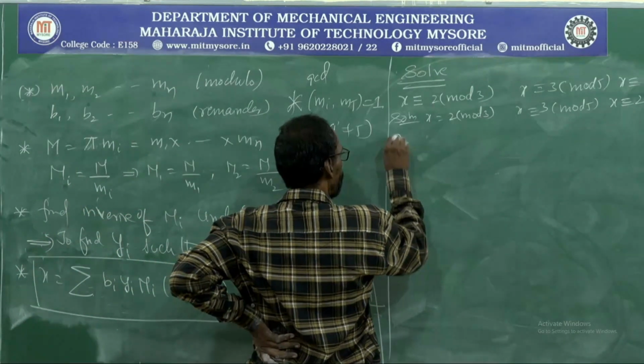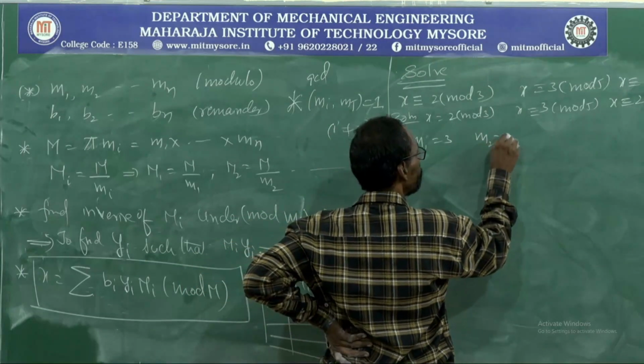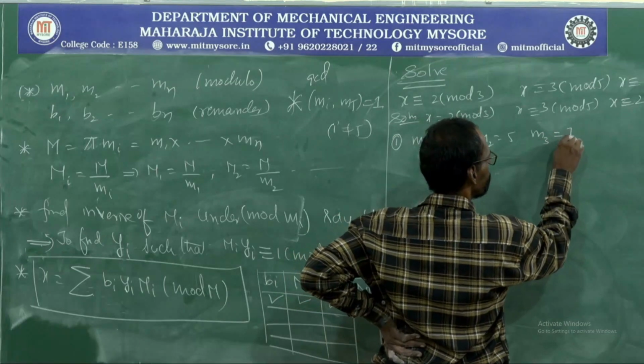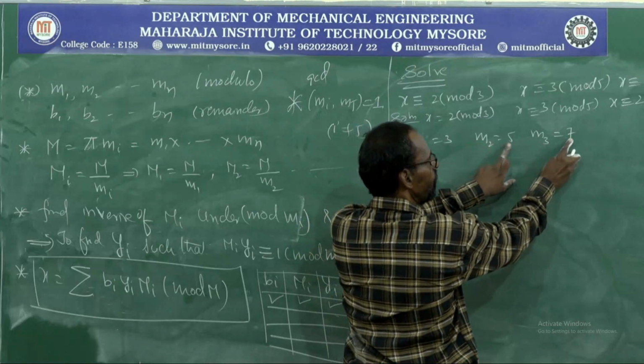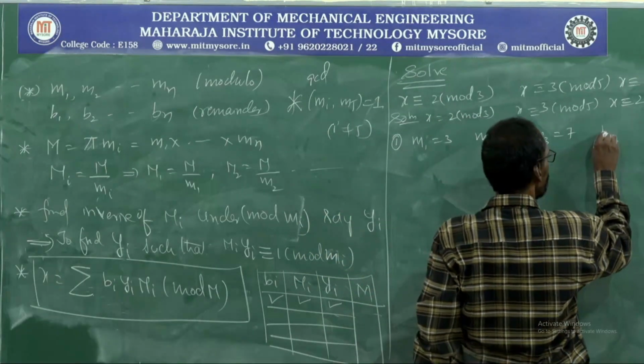Consider m1. Step number 1, what is m1? 3. What is m2? 5. What is m3? It is going to be 7. What is GCD of 3 comma 5? Relatively prime. What is 5 comma 7? Relatively prime. 3 comma 7? Relatively prime.